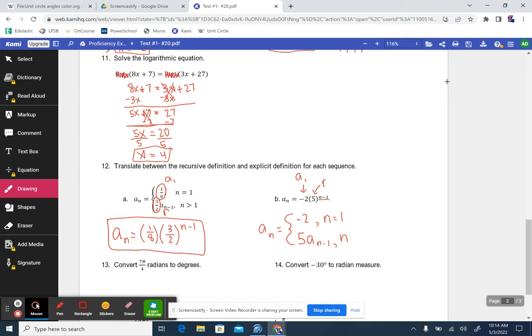What I mean by that is that some textbook definitions will have, instead of 5 times A sub n minus 1, A sub n minus 1 times 5 behind it. But typically, most textbooks will have the 5 in front. But either way, those both say the same thing because A times B is the same as B times A. Okay, so that is the explicit definition and recursive definition.